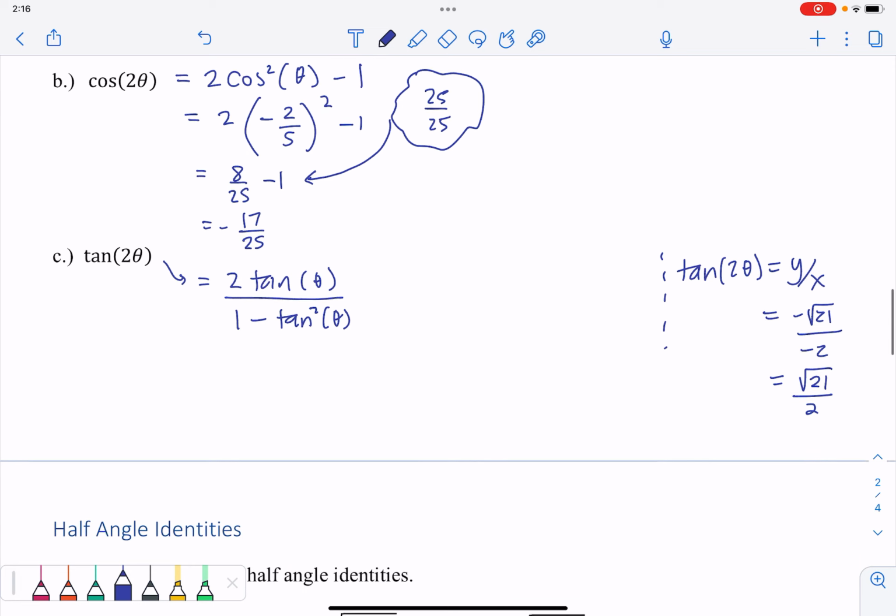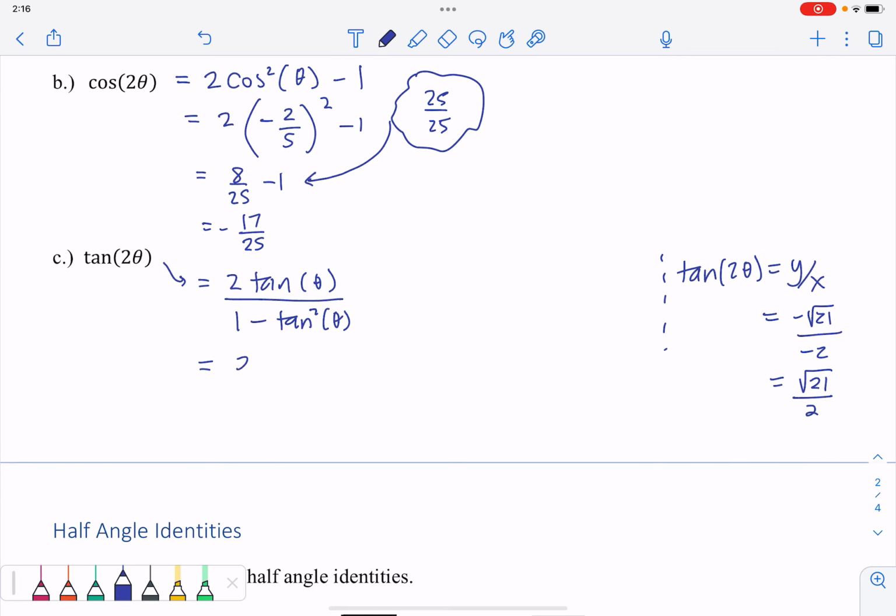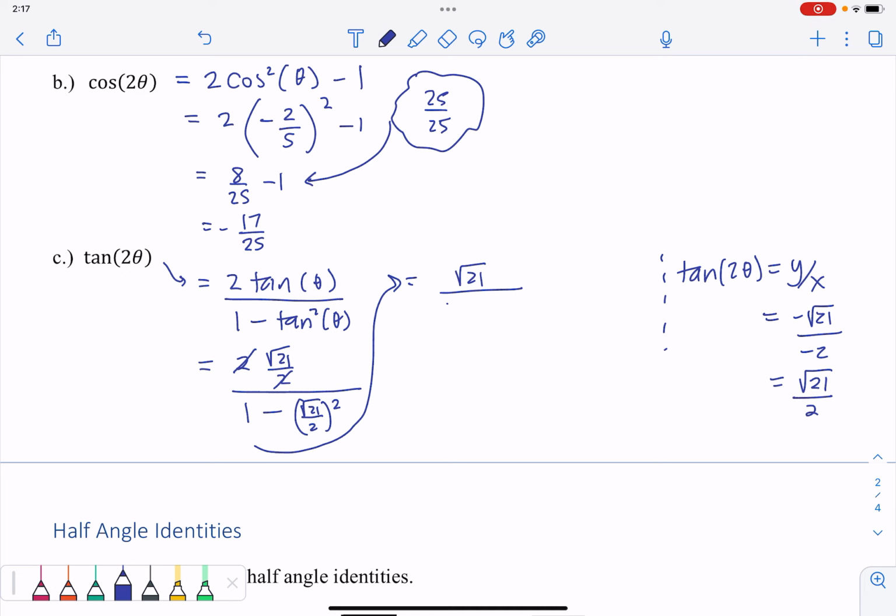And so then I'm going to take that value, and that's what I'm plugging in here. So 2 times root 21 over 2 all over 1 minus root 21 over 2 squared. So what are we going to get there? I need a little bit more room. Okay, moving over here. In the numerator, the 2 multiplying by that denominator 2 just gives me root 21. And in the bottom, I get 1 minus, well, root 21 over 2 squared is just 21 over 4.